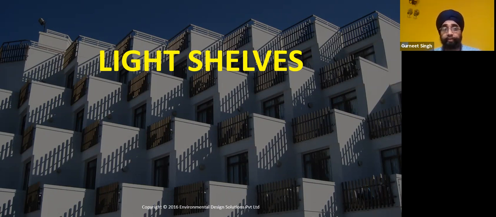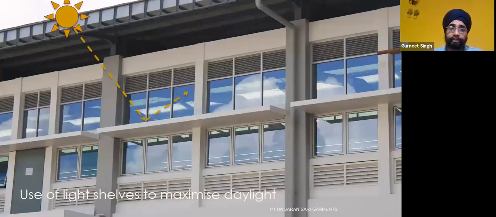It is generally placed above the view window to reduce the glare and also to redirect light deeper into the space. So this panel, which is also acting as an external shade, is a kind of light shelf. The upper part of this panel is also reflective. So this panel shades the lower window, and also the sun is reflected deep into the space.